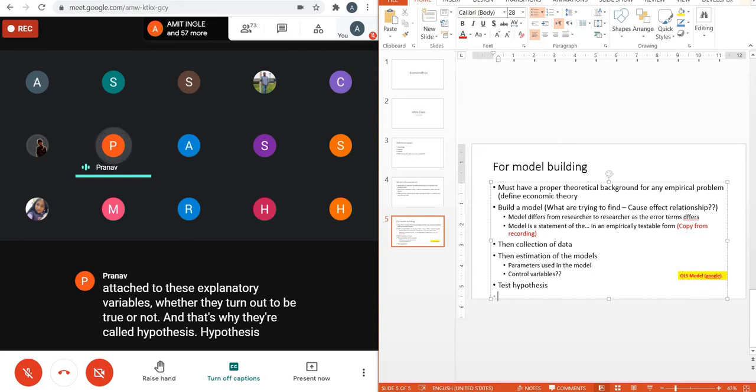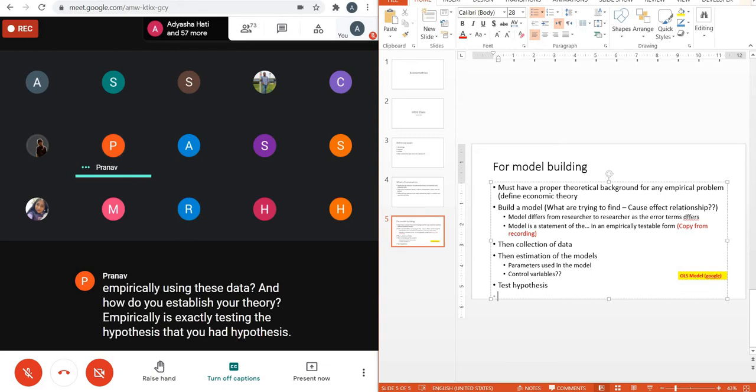Hypothesis is precisely an under-thesis. So you had a theory, you have data, now you're trying to prove or establish the theory empirically using these data. And how you establish your theory empirically is exactly by testing the hypothesis that you had.